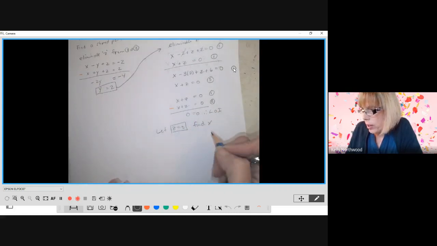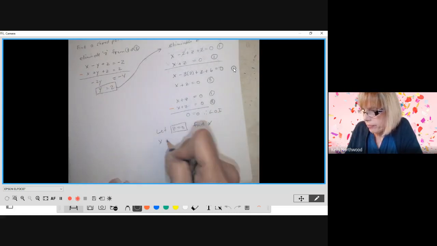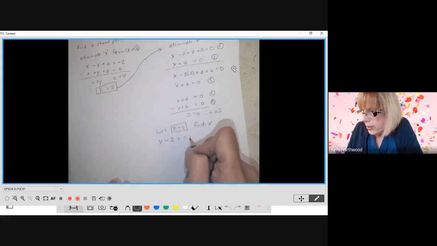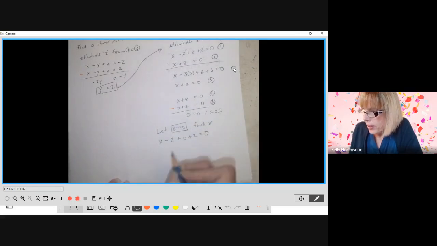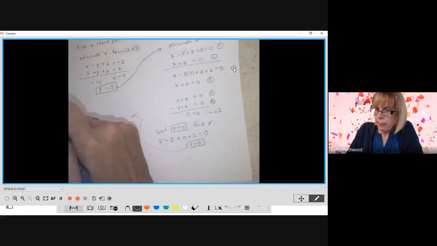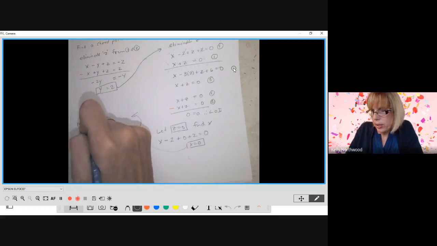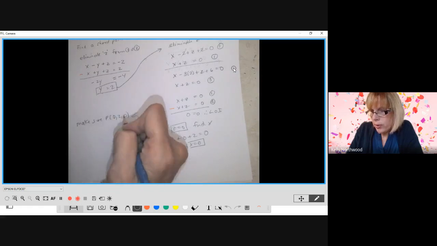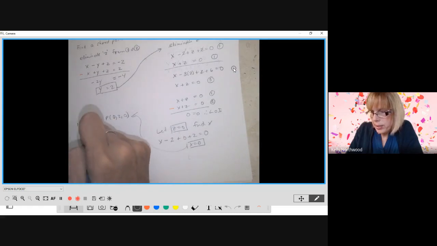So I'm going to use equation 1. Y is 2, z is 0, and we actually get x equals 0. So if we come up here, make sure the point 0, 2, 0 is on all three planes.